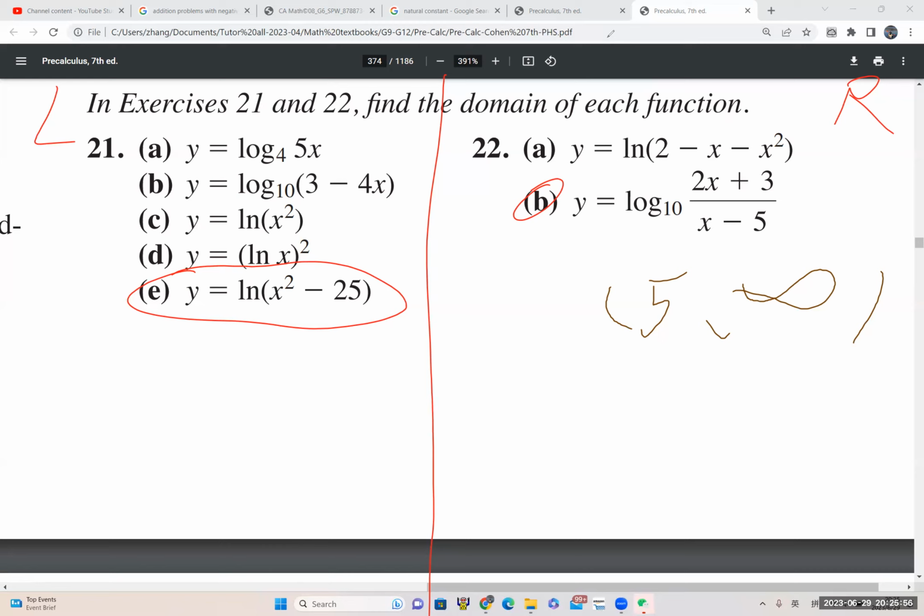For example, do you think x equal to -5 is in the domain? Yes, because -5 times 2 is -10, plus 3 is -7.